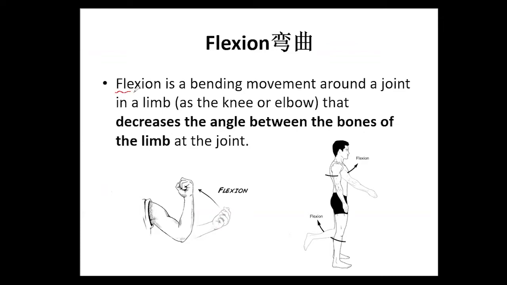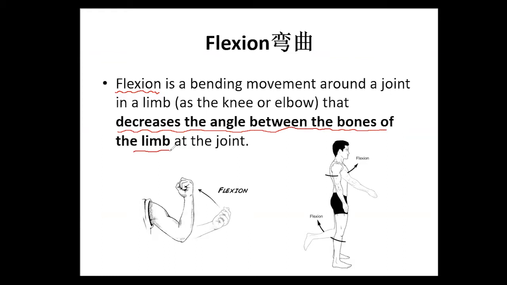Flexion is a movement between bones that decreases the angle between the bones of the limb. That kind of movement we call flexion.